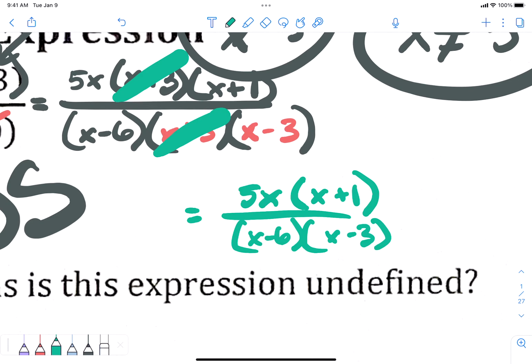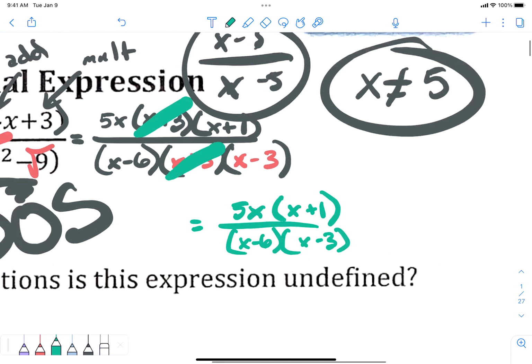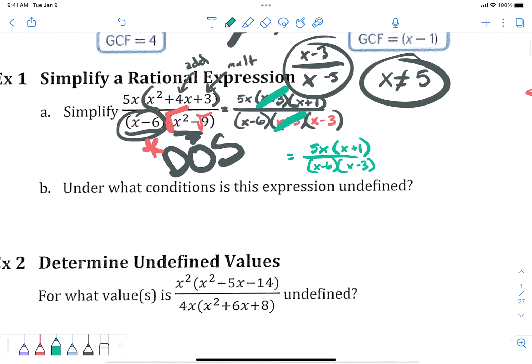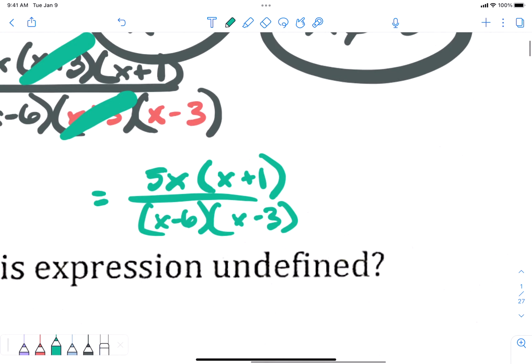Now, the next question: under what conditions is the expression undefined? We don't want x to be certain things. I cannot have 0 on the bottom. I don't care about the top. Like x could be -1, I don't care about x being -1. If I plug it into the top, that's fine.